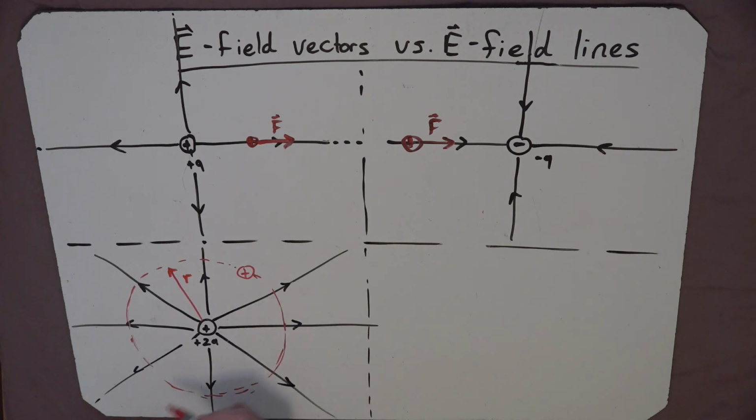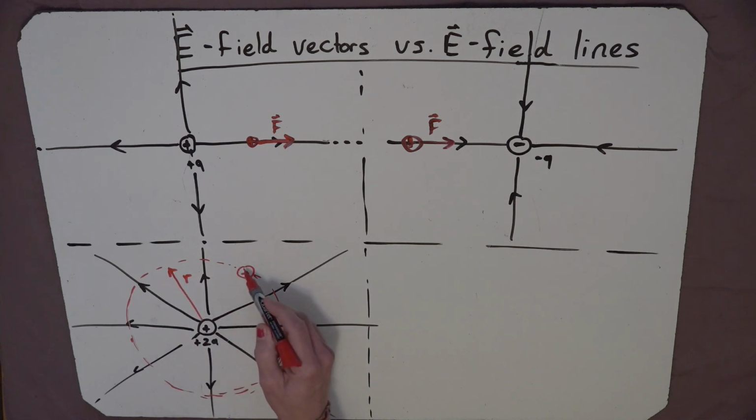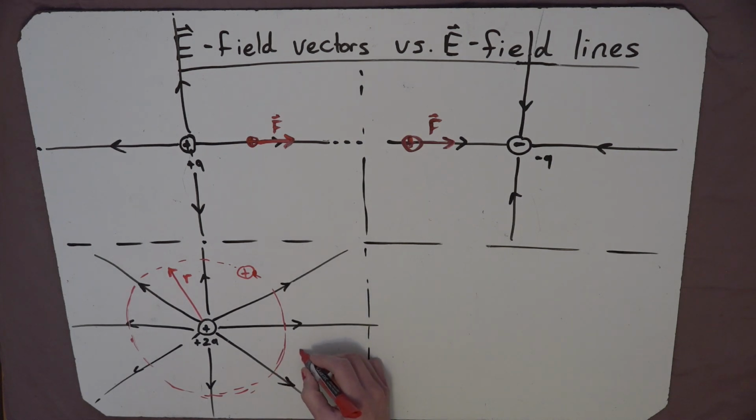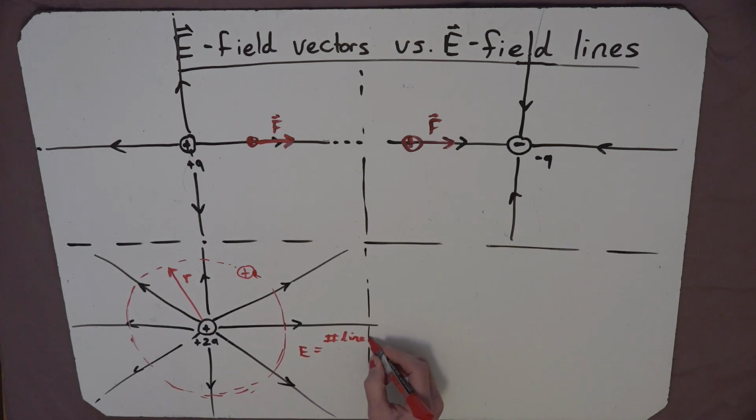So if you want to determine the strength of the E field at this point right here, what you would simply do is say that the E field is equal to the number of lines passing through the sphere divided by the area of the sphere.